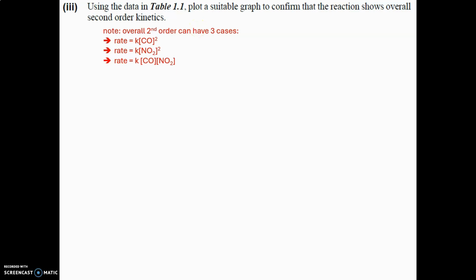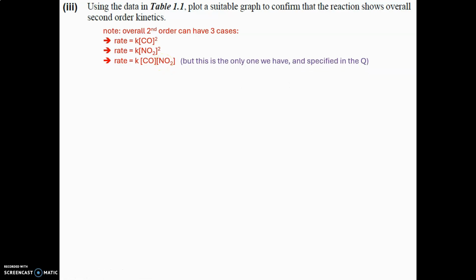If the question didn't state, then overall second order can be second order with respect to CO, second order with respect to NO2, or first order with respect to both reactants. Then the overall order of reaction is the sum of both orders, which is 2. And this is the one that is mentioned in the question.